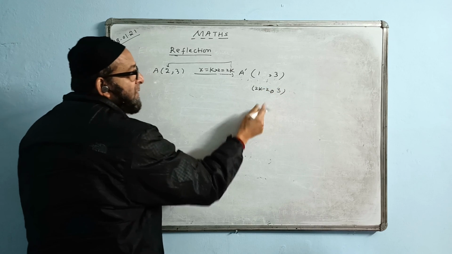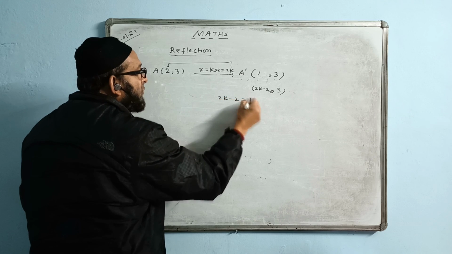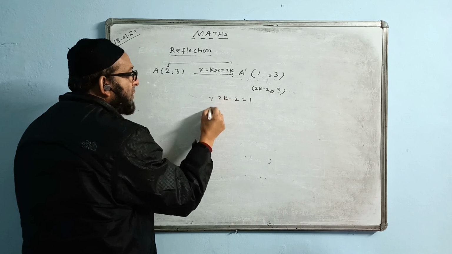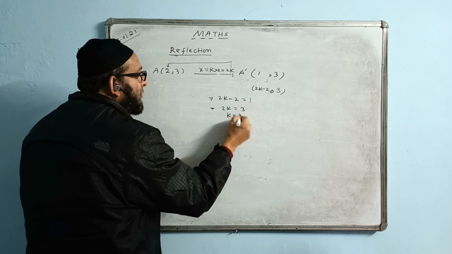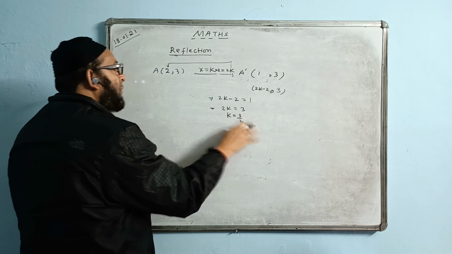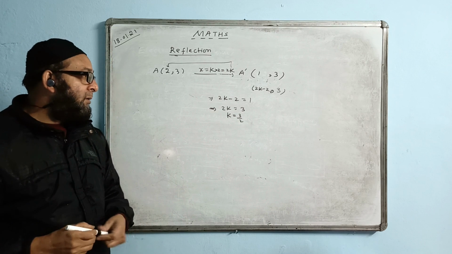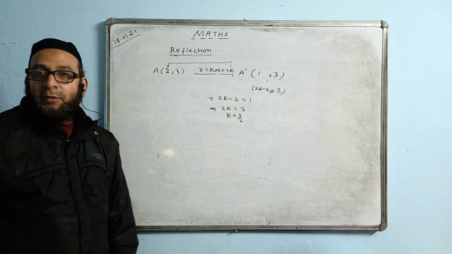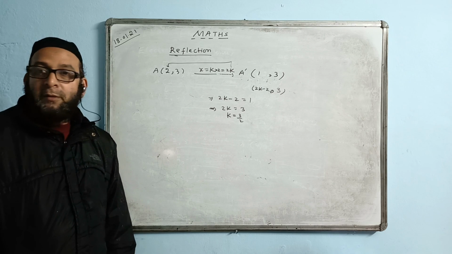Let us write it first like this and then equate. This is equal to 1. 2k minus 2 is 1. Then we solve the equation and find the value. 2k is equal to 1 plus 2, 3. K value is 3 by 2. You can leave the answer in fraction only. No need to find the answer in decimal. If you find the answer in decimal also it is okay. That's the answer. K is equal to 3 by 2. Understood?